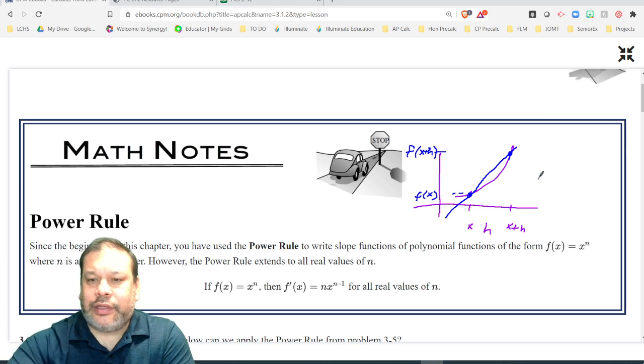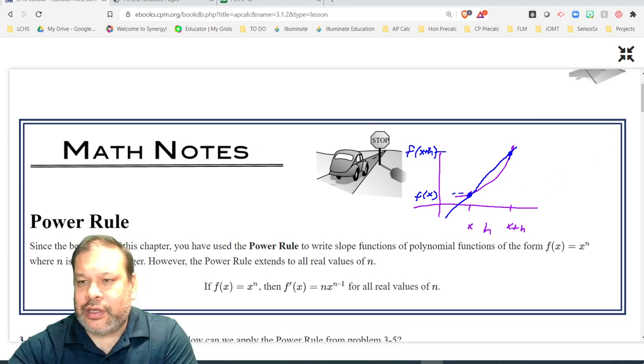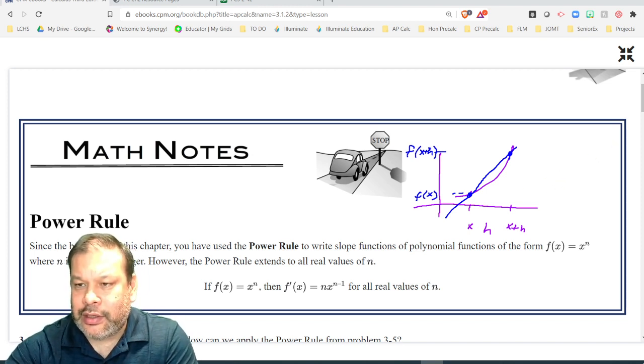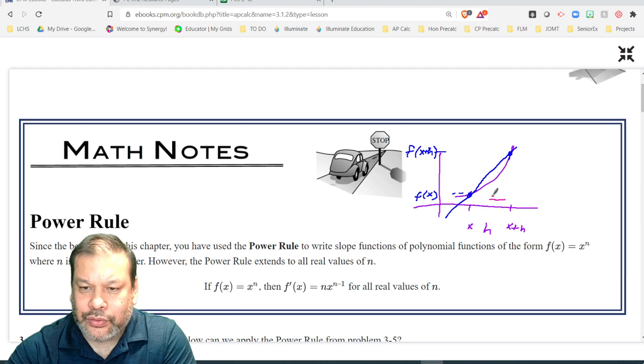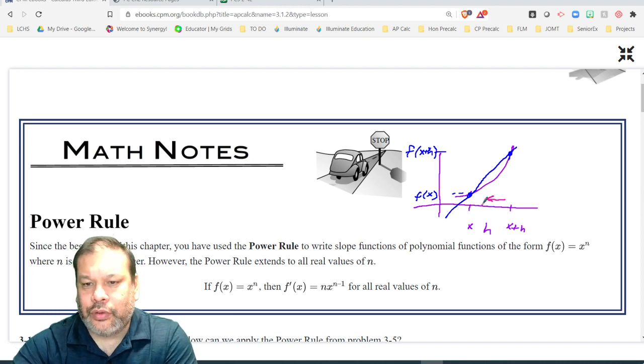Now, instantaneous rate of change is when we take h and bring it closer to 0, or closer to this x value.